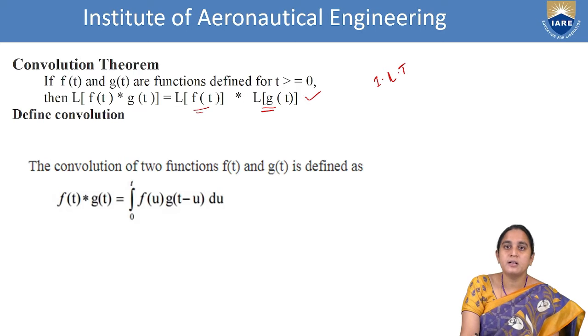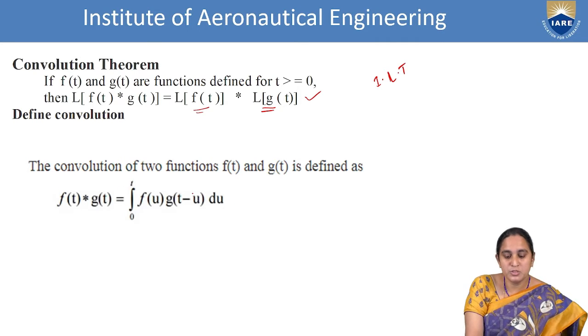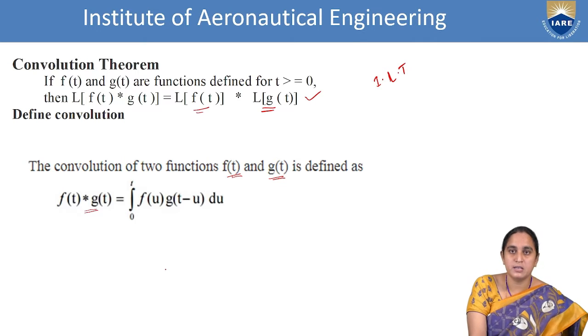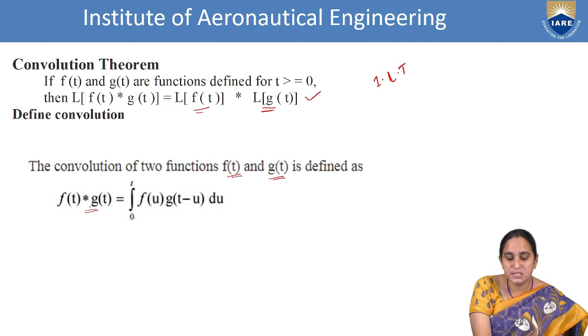How do we define convolution? The convolution of two functions f of t and g of t is defined as f of t star g of t is equal to the integral from 0 to t of f of u g of t minus u du.